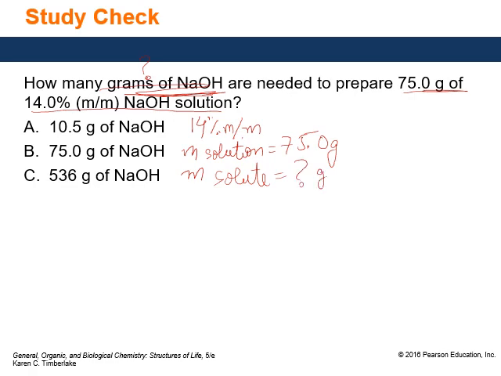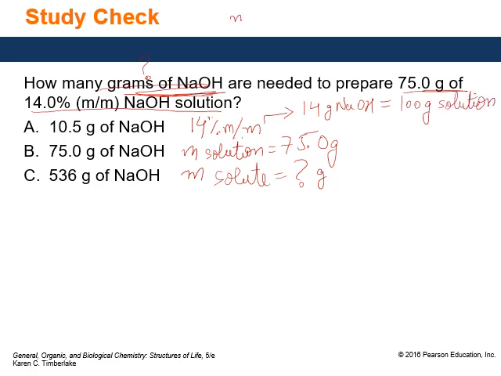Okay. Now remember when I said whenever concentration is given to you in question, use it as a conversion factor. So how can I use this information? I will rewrite this information as this is mass over mass, meaning it is 14 grams of solute, which is NaOH, equal to 100 grams of solution.